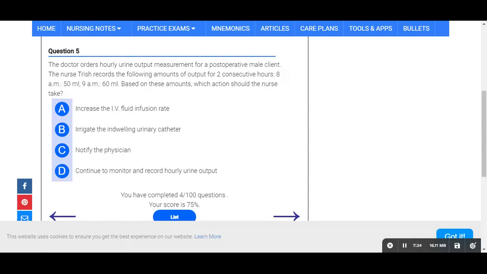So for this one, if I remember it right, 30 ml is the normal output rate, but I'll try to Google it. Be patient with me because I'm trying to review. Yeah, that's right. It's 30 ml per hour. Accordingly, 30 ml is a normal output of urine.